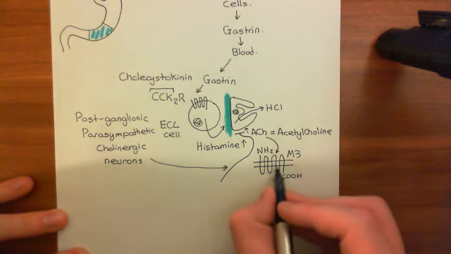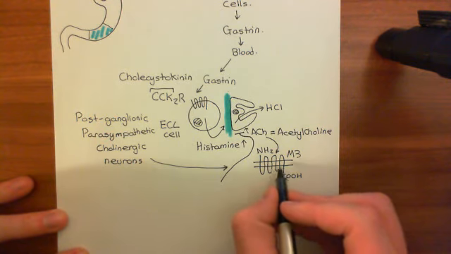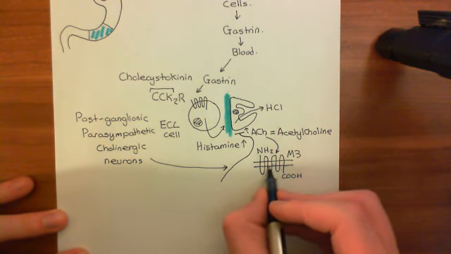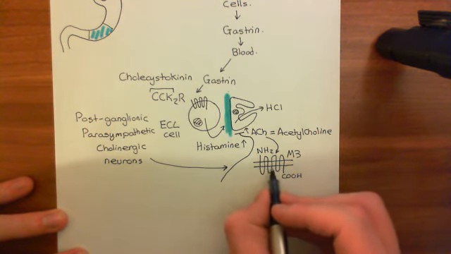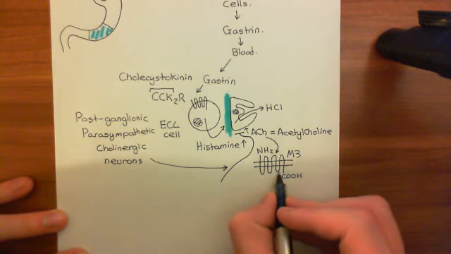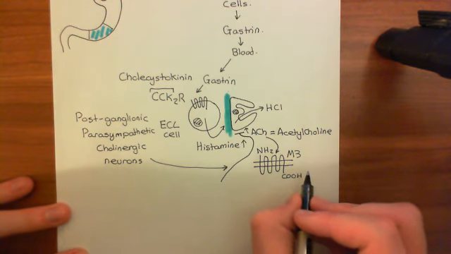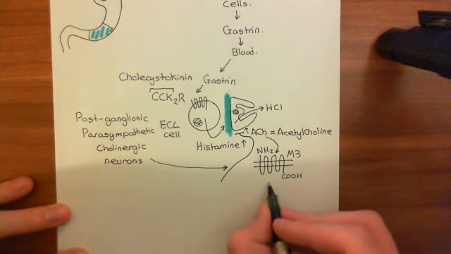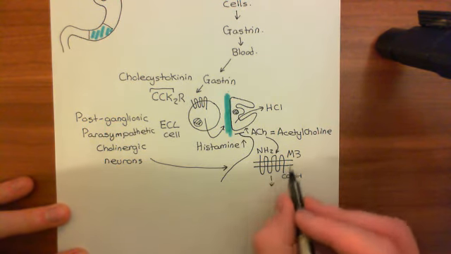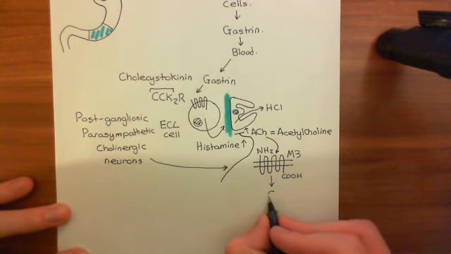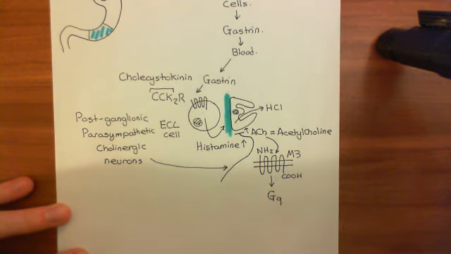Again, the characteristic feature of rhodopsin family G protein coupled receptors is that it will bind to the transmembrane domains, okay, and it will trigger some sort of conformational change which will be translated down to the intracellular loops, which will then change conformation, and now they will have a binding domain for the heterotrimeric G protein. Now, which heterotrimeric G protein do M3 receptors activate? Well, it's a GQ heterotrimeric G protein.